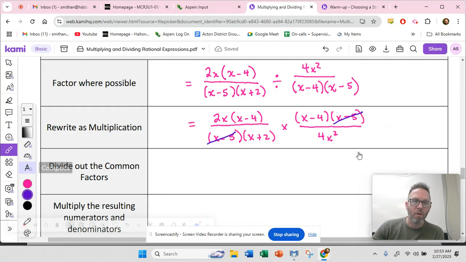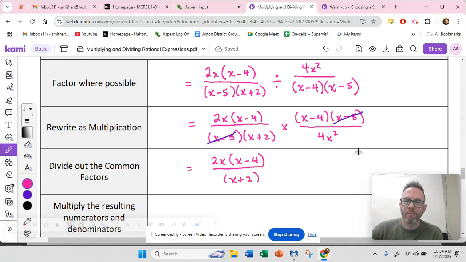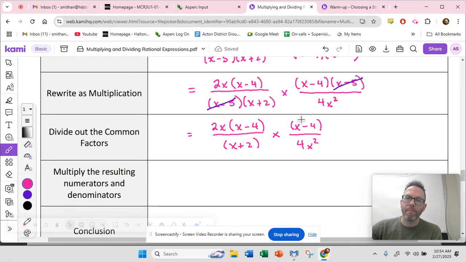I'm just going to rewrite what I have. Over x plus 2 times x minus 4 over 4x squared. Now I'm going to multiply these two things together.